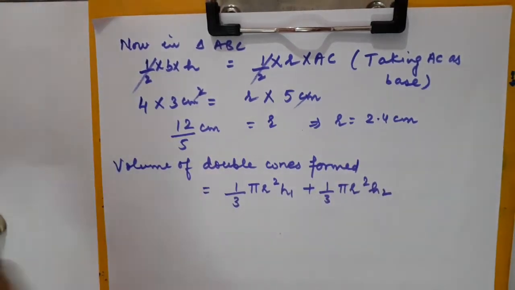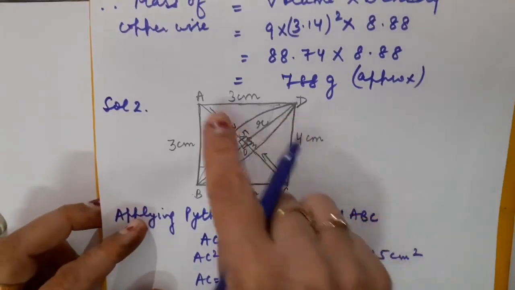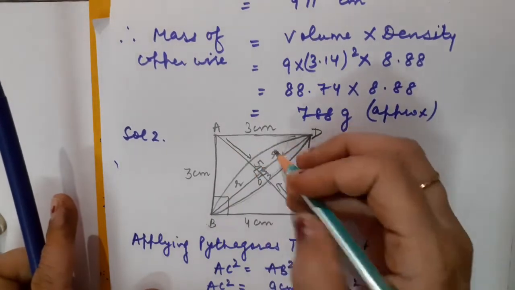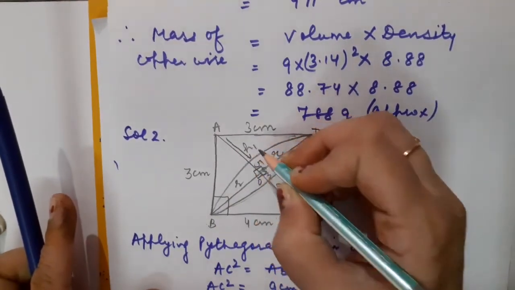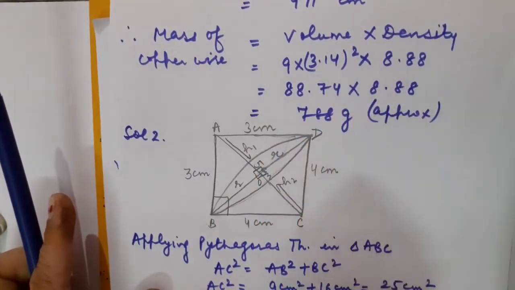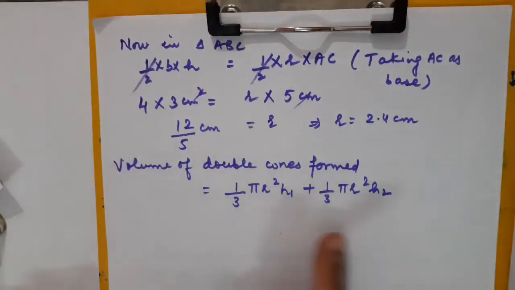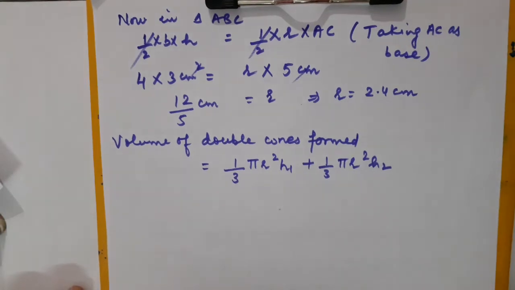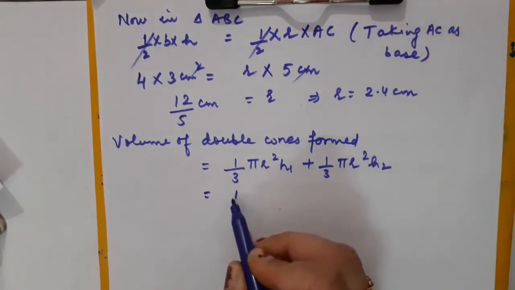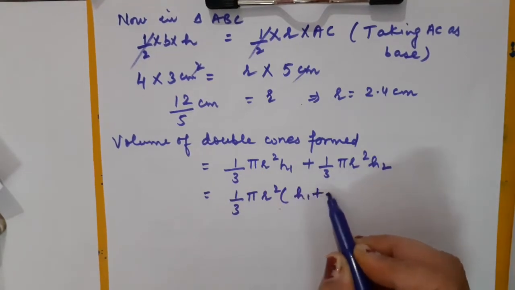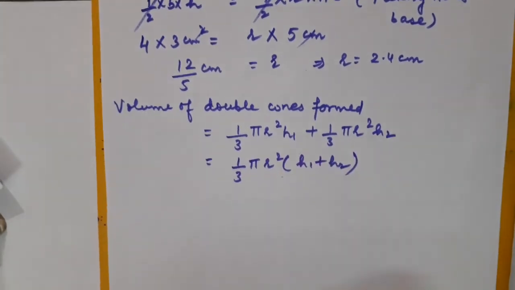I told you children that the radius is the same but the height can be different. So in the diagram I am going to take the height of the first cone as h1 and the height of the other cone as h2. So here is the formula in front of you to calculate its volume. Let us take 1 by 3 pi r square as common. Inside the bracket it would be h1 plus h2.